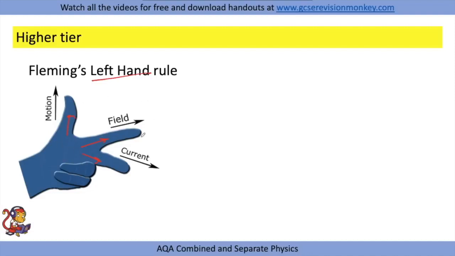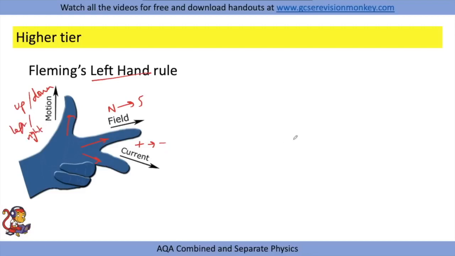And your first finger you should put in the direction of the magnetic field, which will always be from north to south. If you set that one up first, it's a little easier. Your second finger will then go in the direction of current, which always goes from positive to negative. And if you set these two up, then automatically your thumb will be pointing in the direction of the motion, which is going to tell you which way the wire moves. So for example, it might move up or down, or maybe left or right, depending on which system you are looking at.